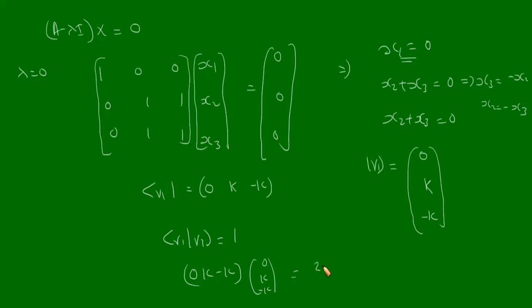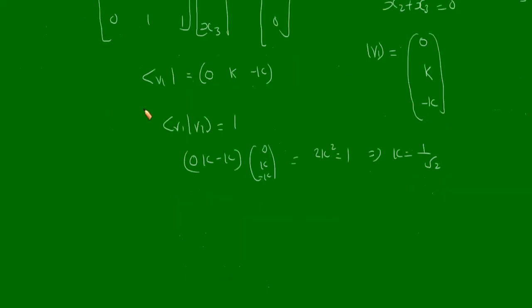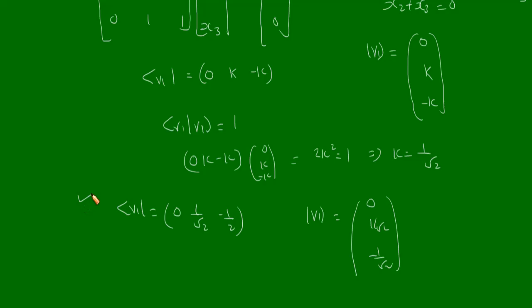So k square plus k square, 2k square is equal to 1. This implies k is equal to 1 by root 2. So the first eigenvector R1 will be equal to 0, 1 by root 2, minus 1 by root 2. Okay, so this is the first eigenvector.